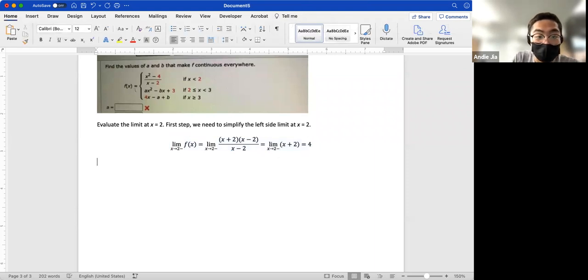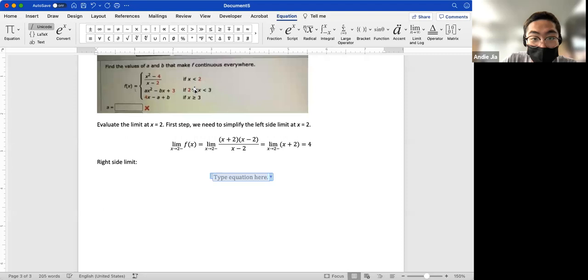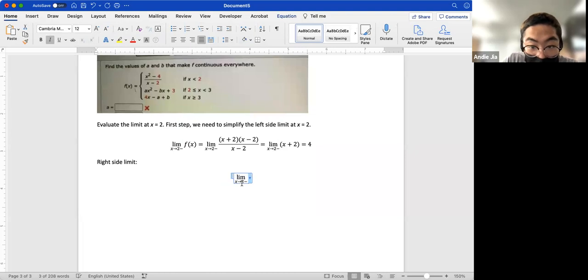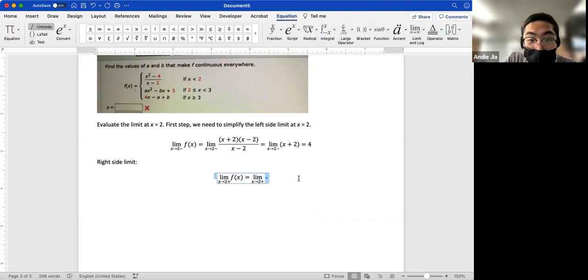And we need to put in the right side limit. We plug in x equal to 2. Then what we have from the right side of f of x is equal to 4a minus 2b plus 3.